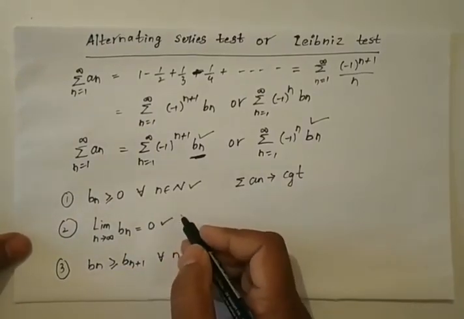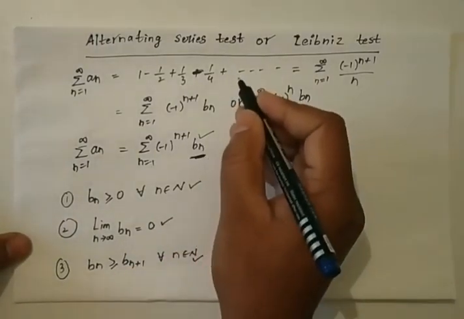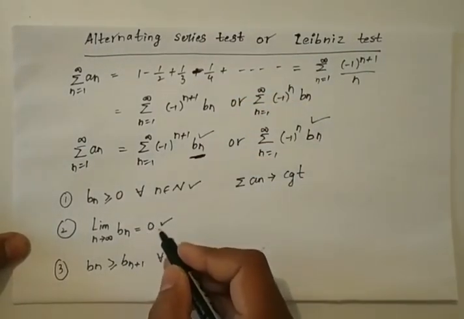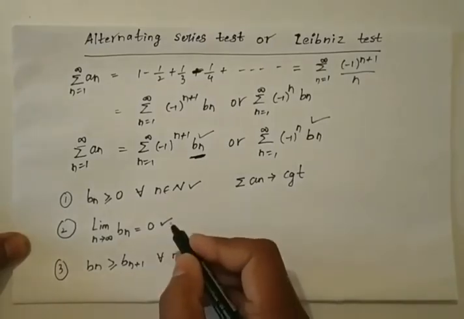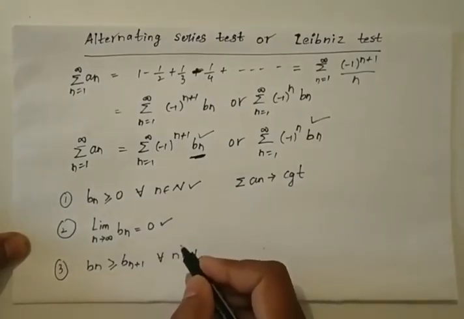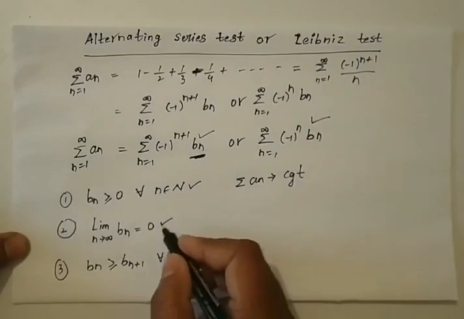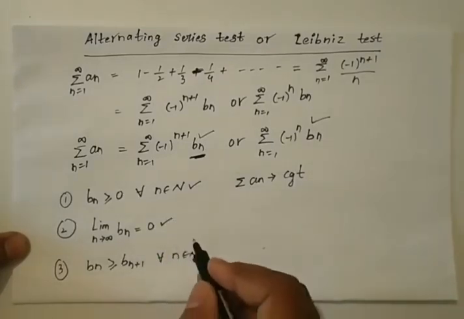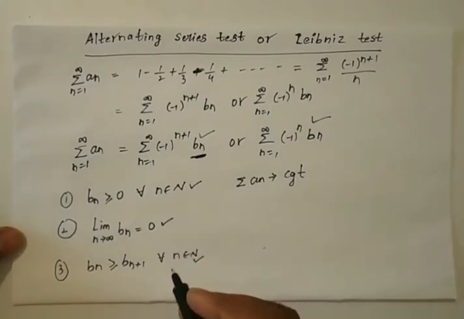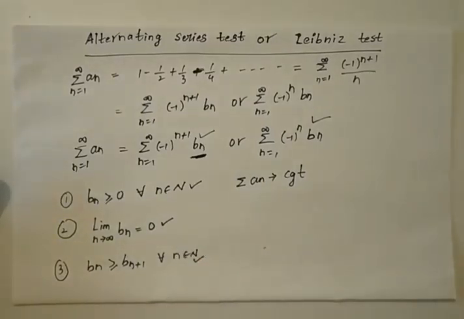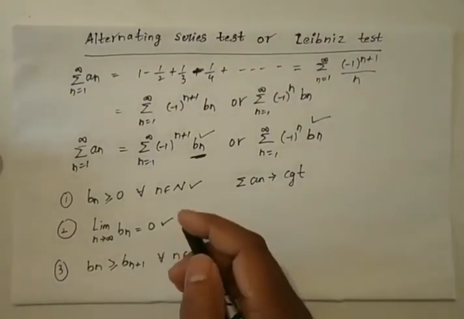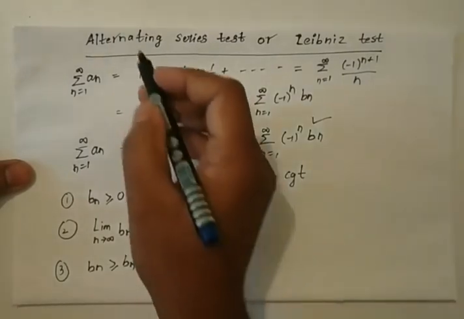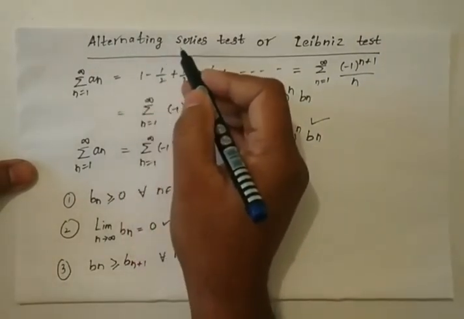Here the alternating series test is only a convergence test. It states that a series is convergent if it meets the three conditions. It can never be used to conclude that the series is divergent.